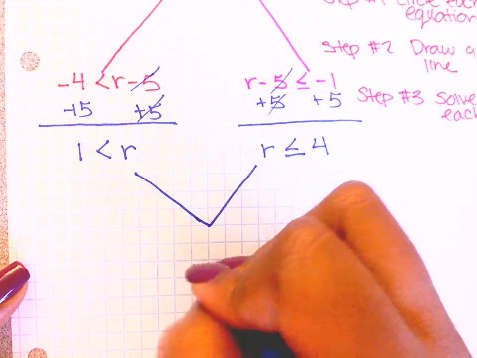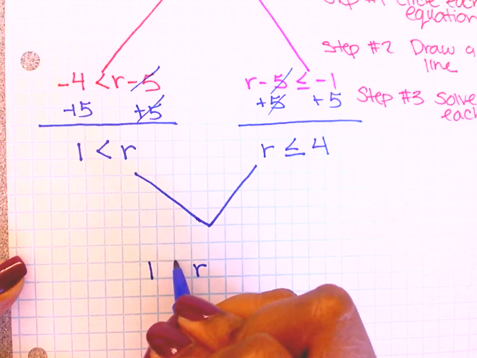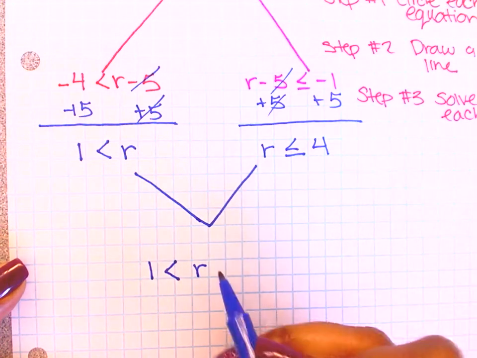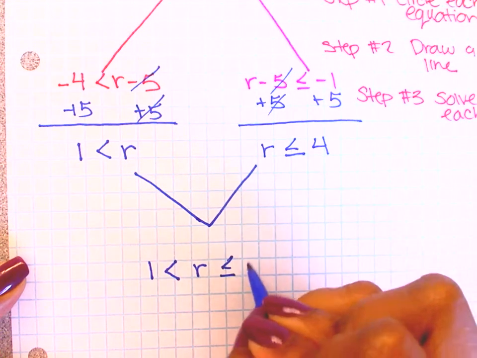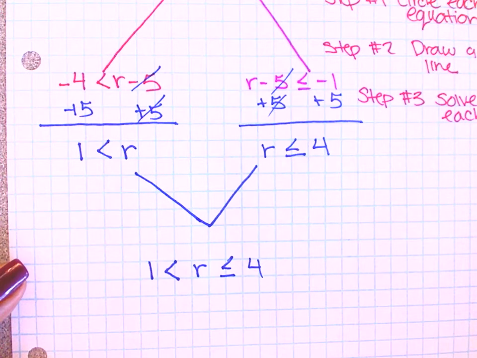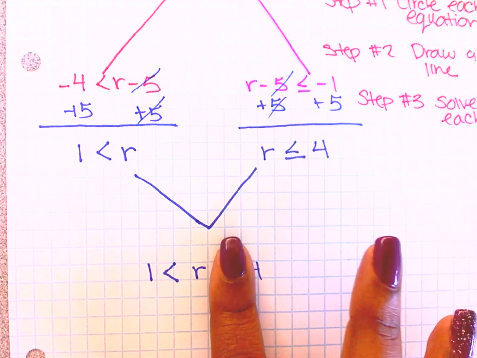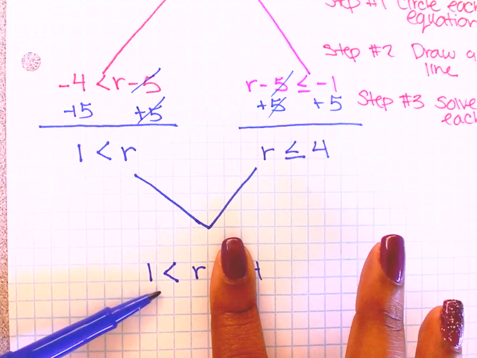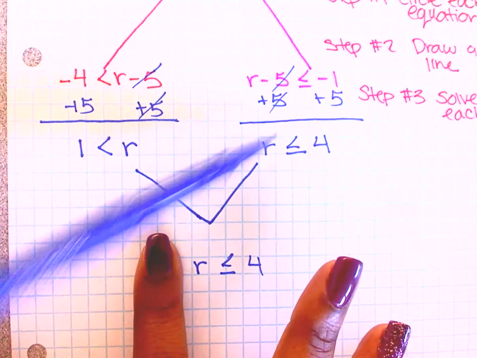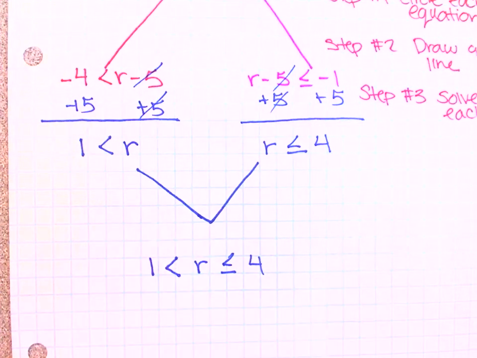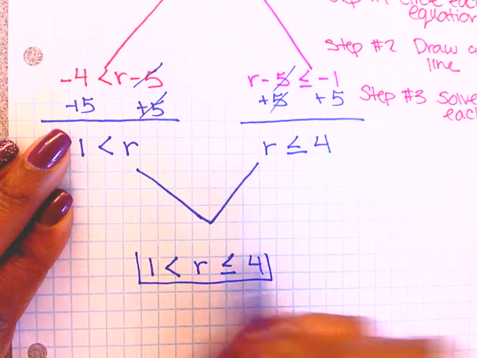So I'm going to put r in the center. Over here, 1 is less than r, but r of this equation is less than or equal to 4. So if I covered this 4 up, this is this equation. Did everyone see that? If I cover this one up, this is this equation. I'm just putting them together. That's it. And that's the answer.